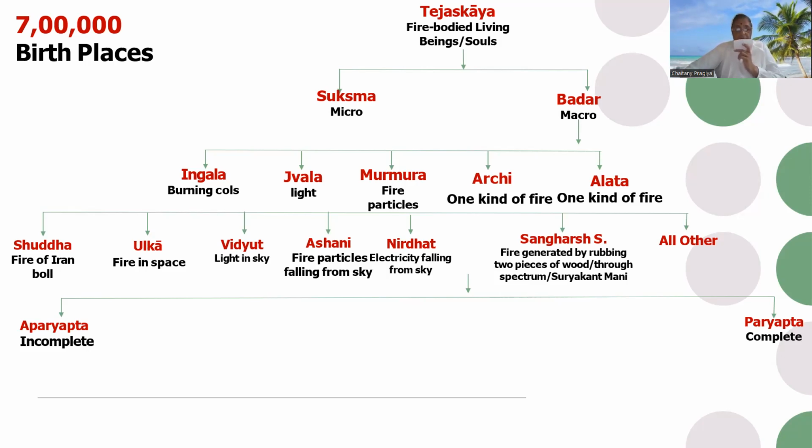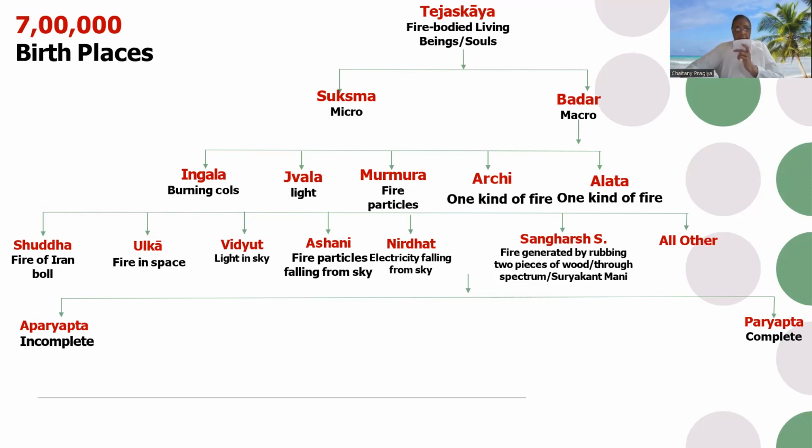So here we can see that all these fiery bodies or living beings are also divided into two categories. One is called incomplete and the other is called complete. We know what incomplete means. Our body has some systems inside, for example the digestive system, respiratory system, and excretory system.